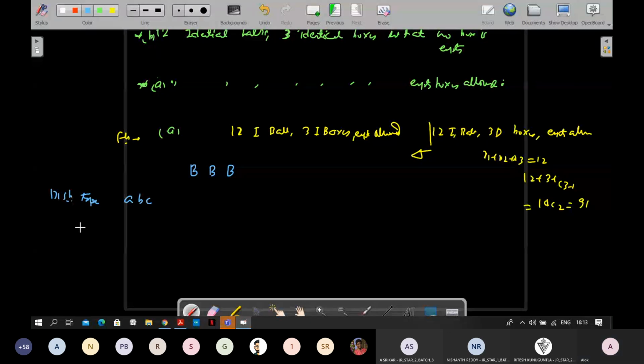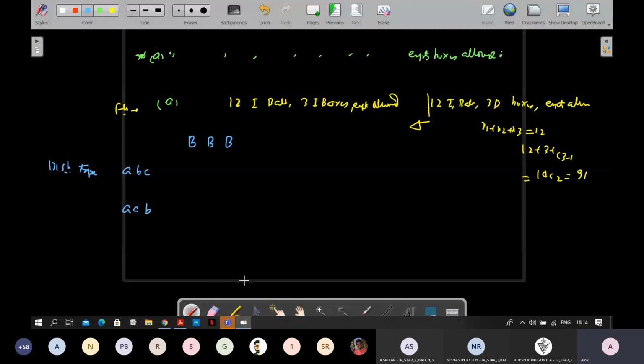Then the distribution type can be AAB. AAB means two boxes have equal number of balls and one has different. A is not B. Here in these cases, the different letters are different. And the third type is AAA. It means either all boxes have unequal numbers of balls, or two boxes have equal numbers of balls and one box different, or all 3 equal.